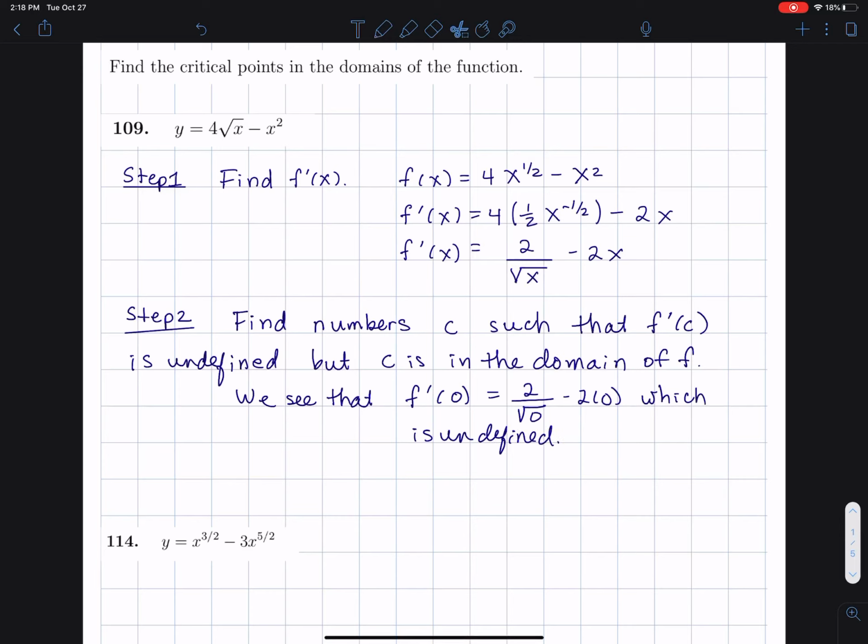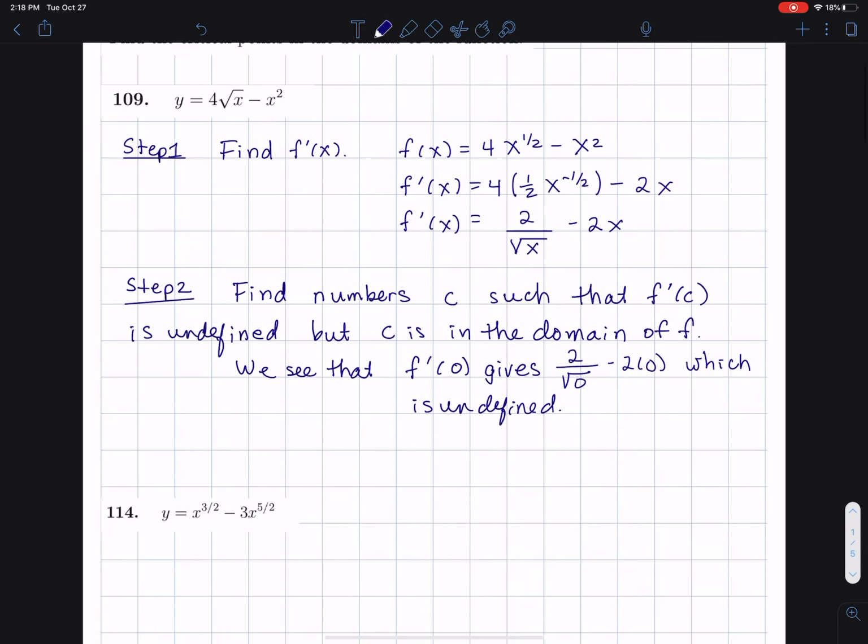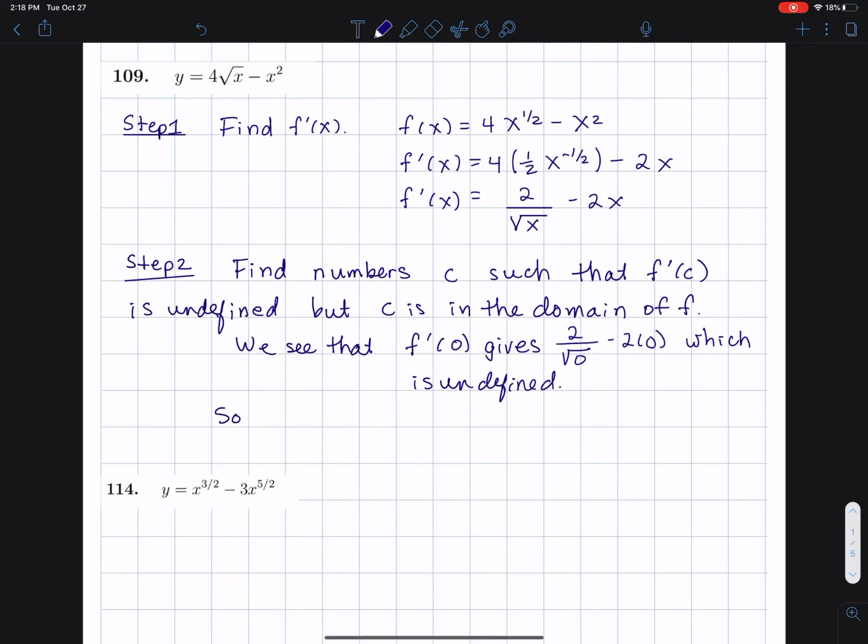In fact, I will write just the word gives, because it's just undefined. And because it's undefined, it means that x equals 0 is going to be a critical number, if f prime of 0 is undefined.